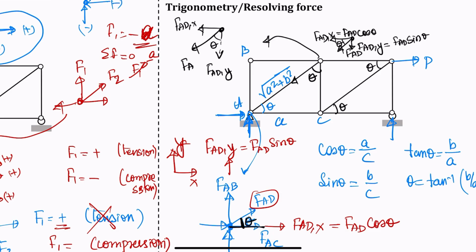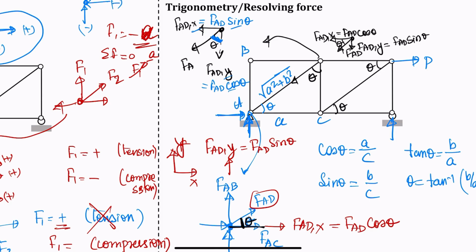In doing so, FADX will be FAD sine theta, and FADY will be FAD cos theta. Now it's like, wait a minute, we just learned that x is cos theta and y is sine theta. Now you're saying that x is sine theta and y is cos theta. This is confusing. The reason it's confusing is that you are taking the theta with respect to y. That's why x interchanges to sine theta and y interchanges to cos theta.